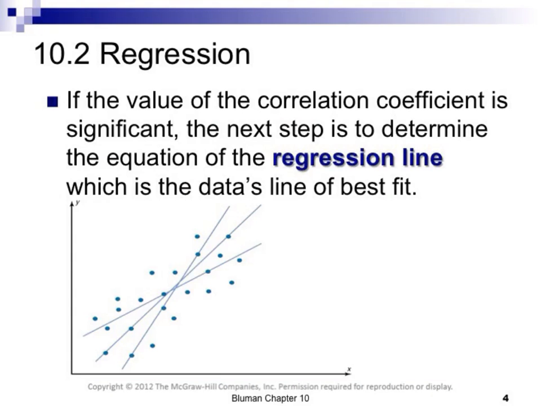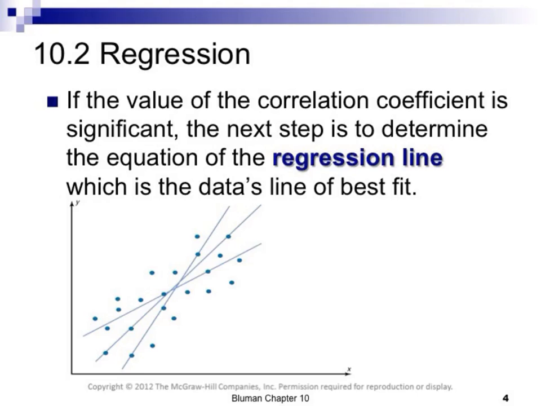For a regression line, once the value of the correlation coefficient is significant, the next step is to determine the equation of the regression line, which we call the line of best fit. If we drew a straight line through the data, you can see here they have three choices, three lines, and which one best fits the data?